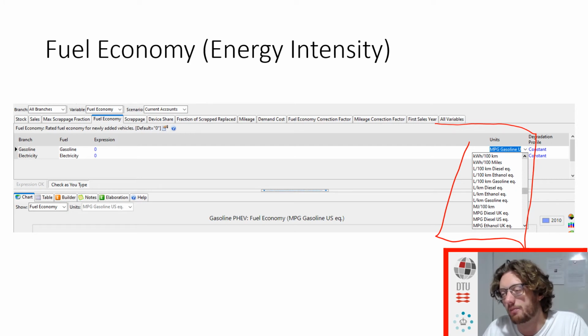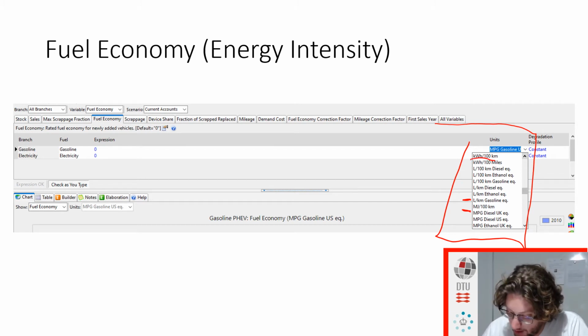So if we have miles per gallon, the higher miles per gallon, the better. But we also in this list have kilometers per liter. Sorry, that's the same. No, the liters per 100 kilometers, which is the reverse. So the more liters per 100 kilometers, the worse it is. So that also has consequences for your degradation profile, if I'm not mistaken.